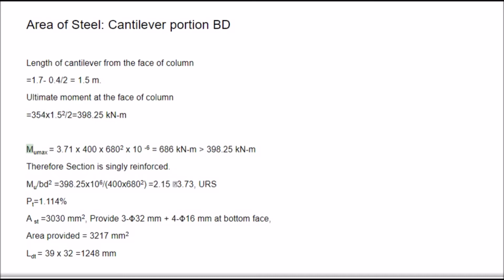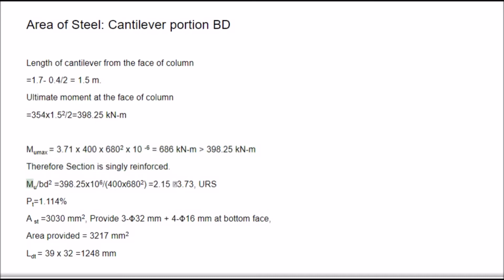Mu,max equals 3.71 x 400 x 680² x 10⁻⁶ equals 686 kN.m, which is greater than 398.25 kN.m. Therefore section is singly reinforced.